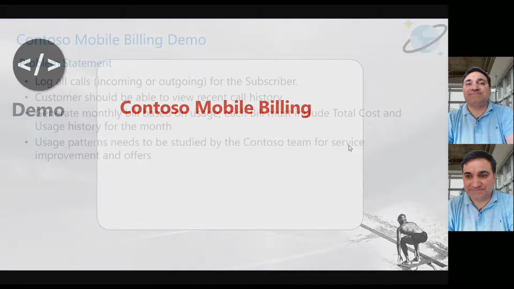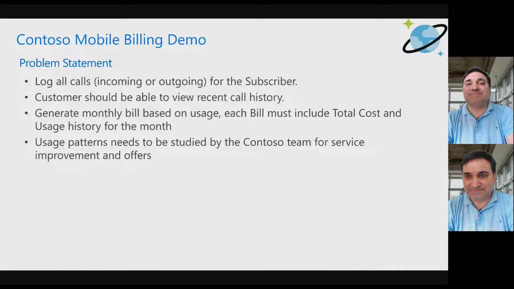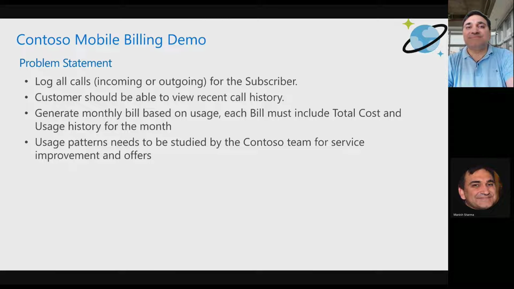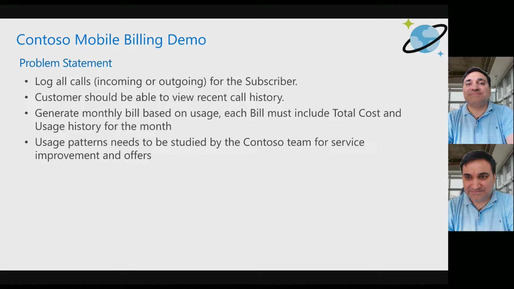So what we're going to see here is a demo where we are going to see Contoso mobile billing being managed through Cosmos DB. And the problem statement that was provided is that we need to be able to log all incoming and outgoing calls.